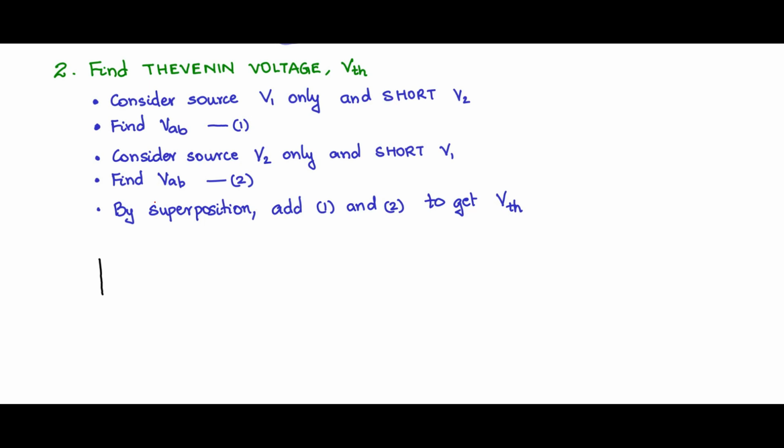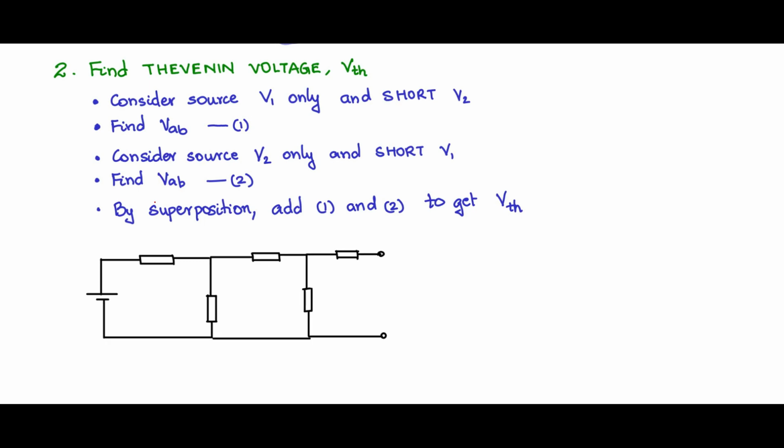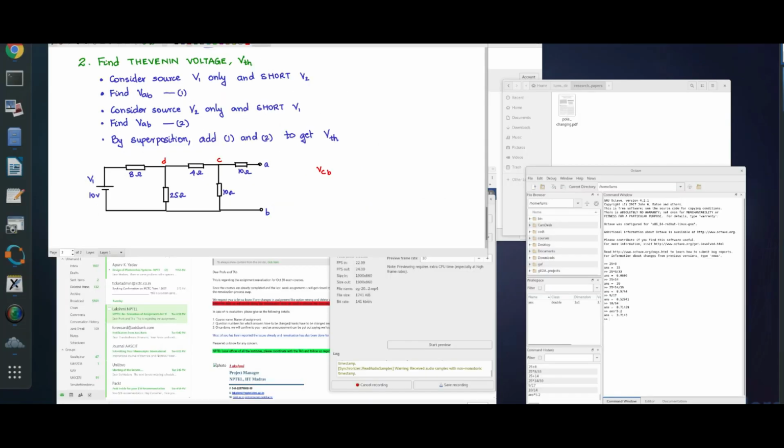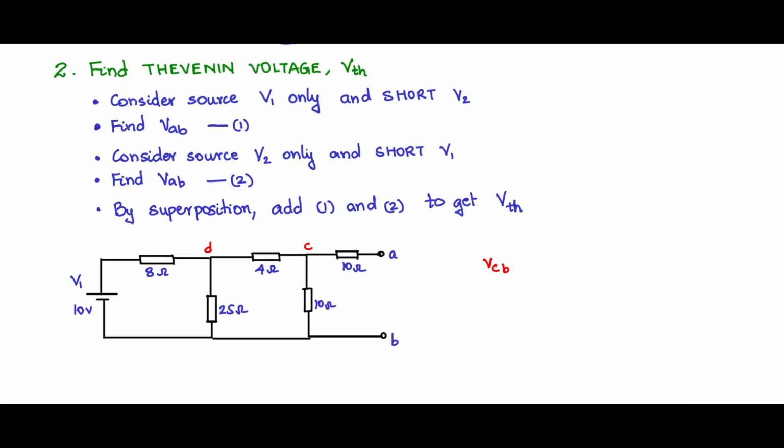So considering our circuit, now with V2 shorted, it will look something like this. V1 10 volts, all other parameters shown here like this, and you have AB. We need to find VAB. Let me mark C and D as shown. VCB is the voltage from this point to this point.